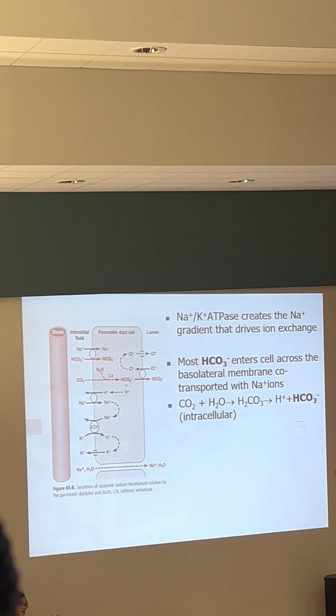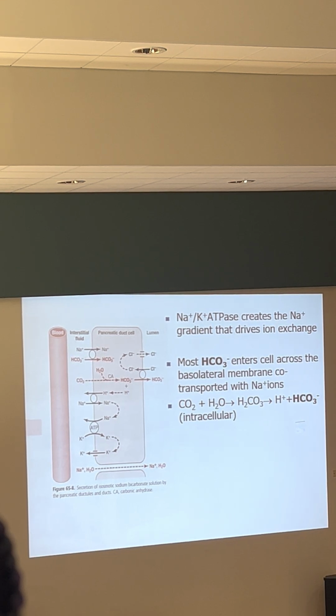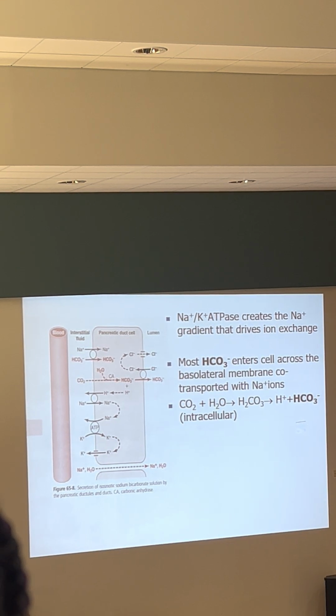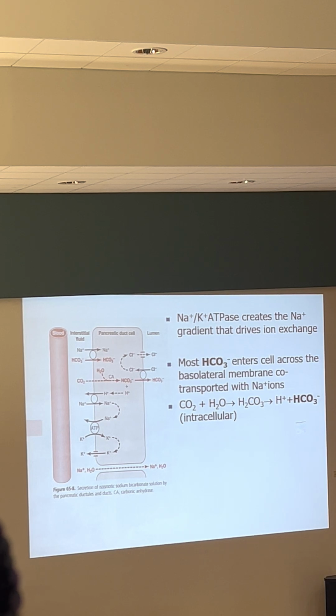So some people may wonder, well, why does it require energy to transport bicarbonate that is being created and accumulating in the cell into the lumen? And that is because the lumen is electronegative. So we have to transport and concentrate a negative ion into an environment that is already electronegative.